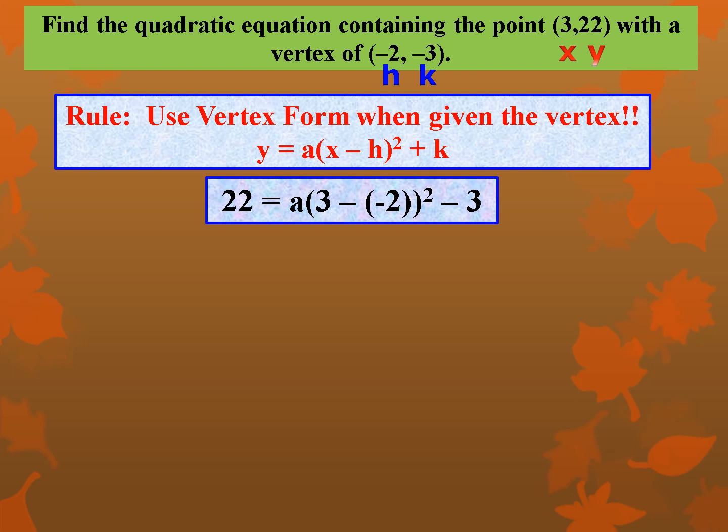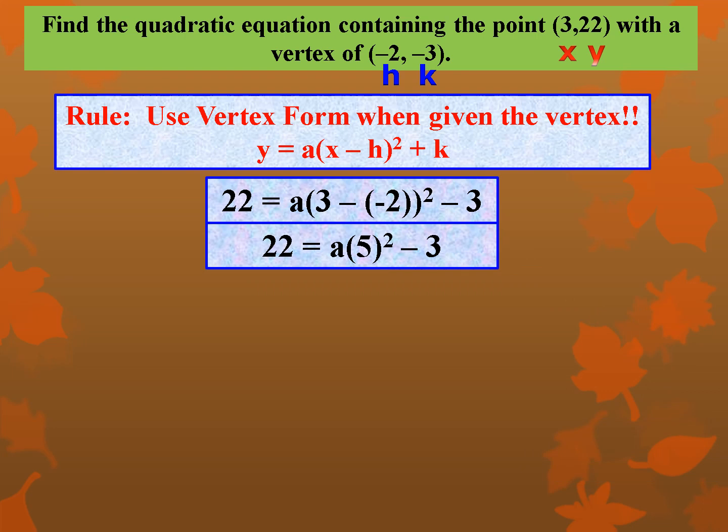Now, the first thing I'm going to clean up is the parentheses. So 3 minus negative 2 is 5. Now again, I'm going to warn you, this is the step that if people aren't paying attention and are just doing the math like robots, they might make a mistake. So really stop and think about what you're doing.